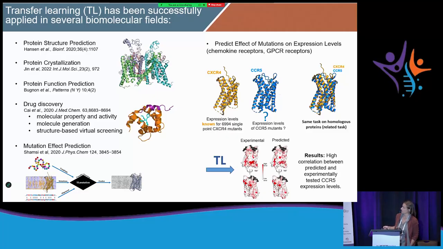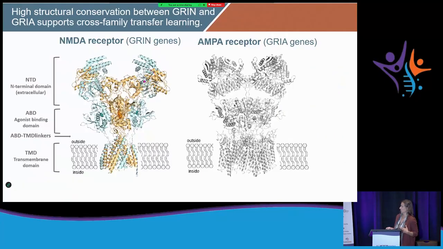For type 4, the expression levels were known for many variants, but they were not for type 5. So with transfer learning, they were able to predict the expression level in the type 5 protein, and the experimental and predicted expression levels show high correlation.